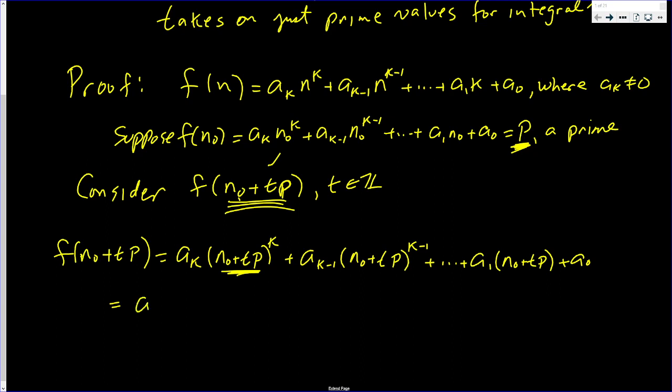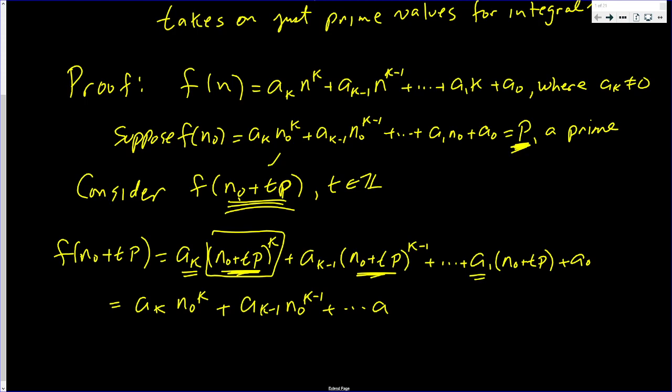Now, when you FOIL this out, whatever it FOILs out to gets multiplied by a sub k. You will get n0 to the k plus a sub k minus 1. When you FOIL this out, one of the terms will be n0 to the k minus 1. That's going to come from the binomial theorem, all the way down to a1 times n0.